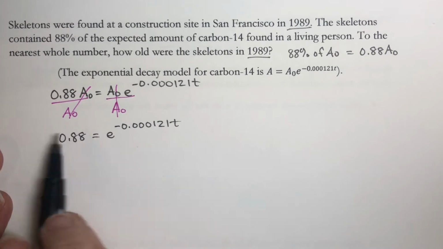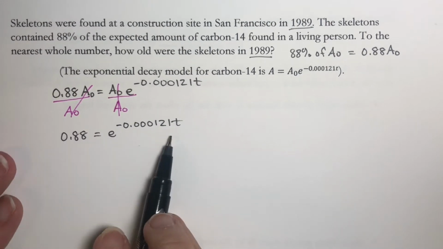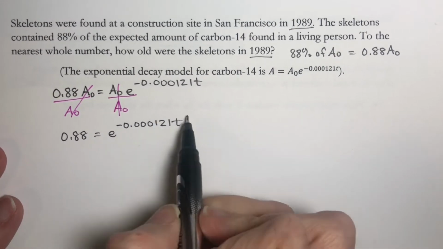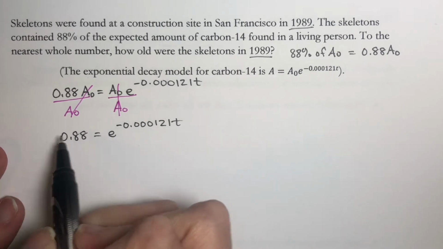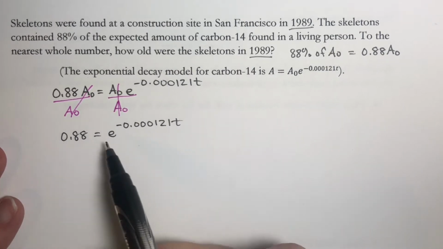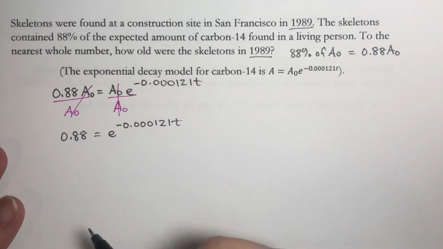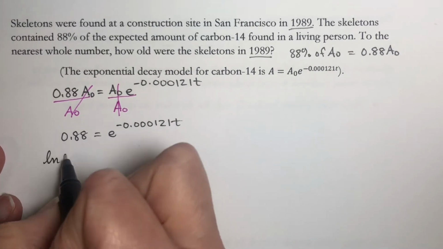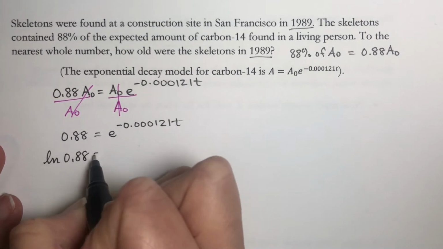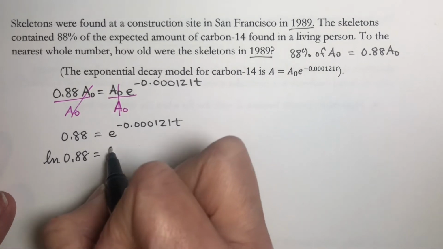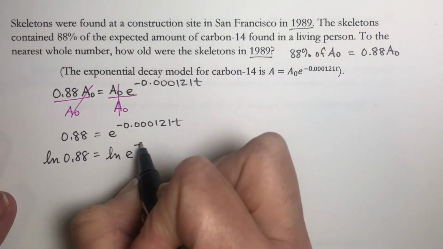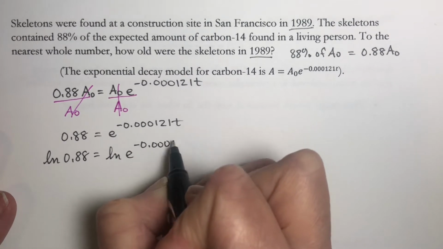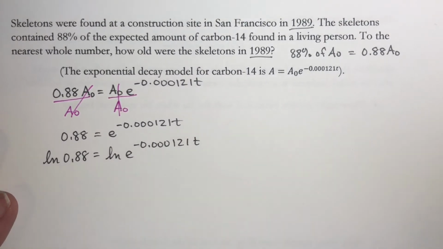So this is an exponential equation, and we know how to solve these. I need to get this t out of the exponent, so that means I need to take a log of both sides, and I'm going to choose natural log because of the e value. So natural log of 0.88 is equal to the natural log of e to the negative 0.000121 t.